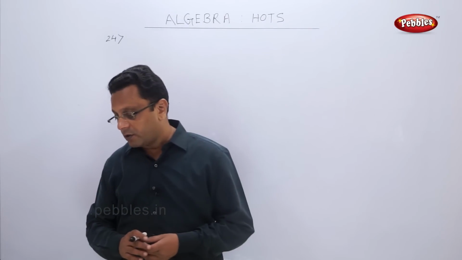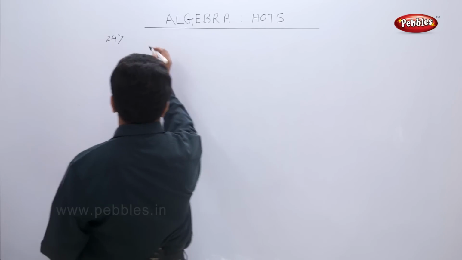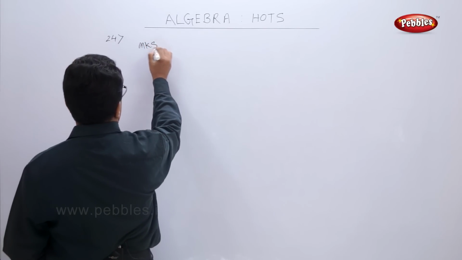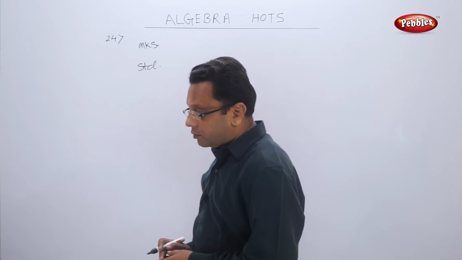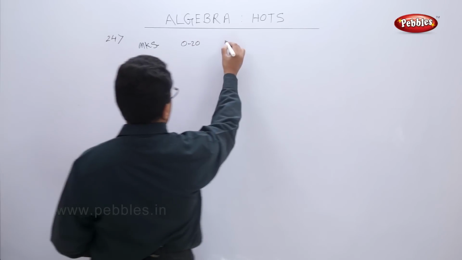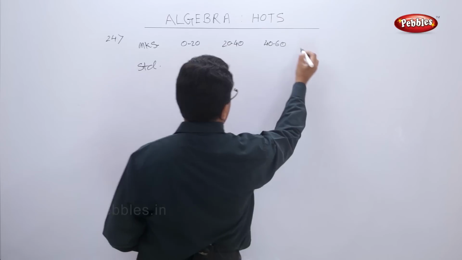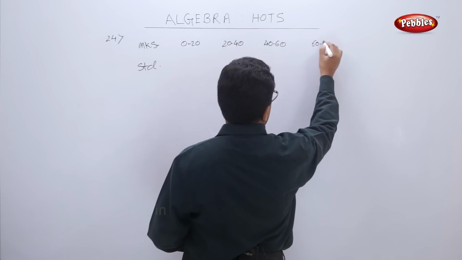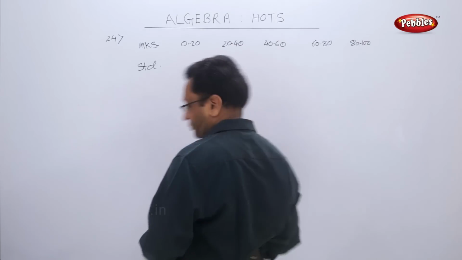Let us see what is given. Again in this case, marks and number of students are given. So let us say marks and students: 0 to 20, 20 to 40, 40 to 60, 60 to 80, and 80 to 100.